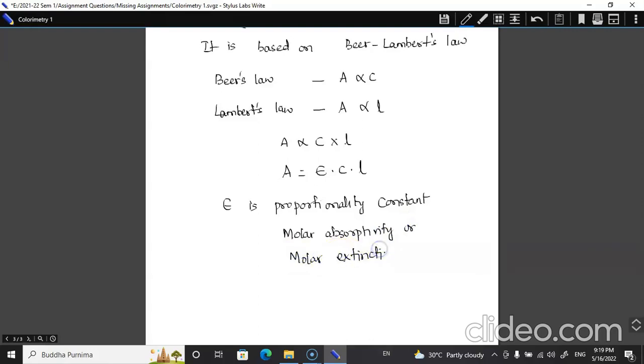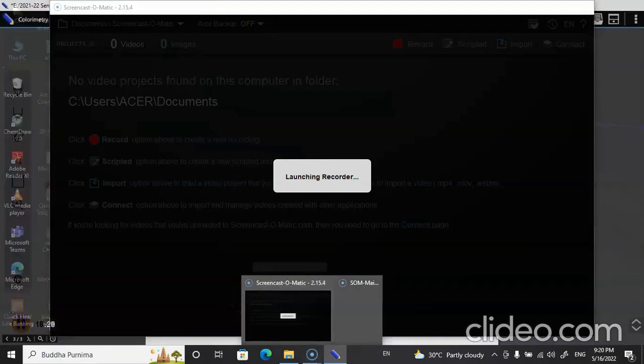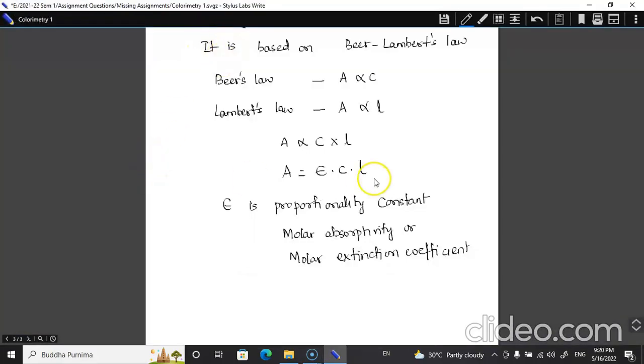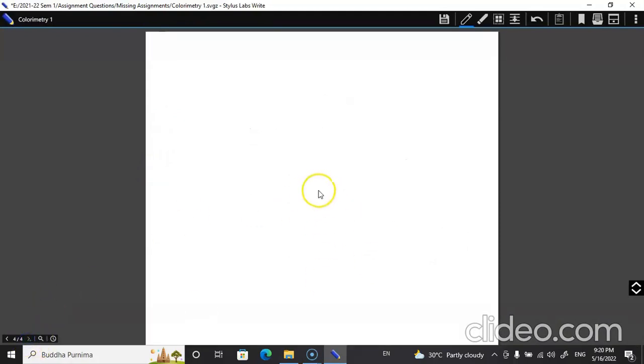In general, this colorimetry is principally used for calculating the concentration of metals.